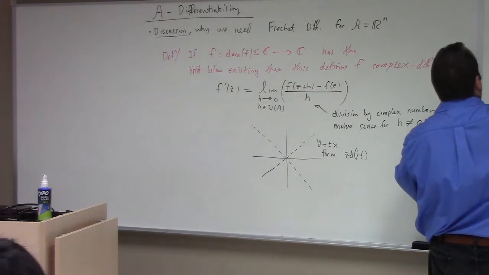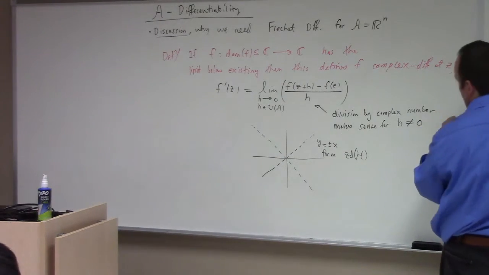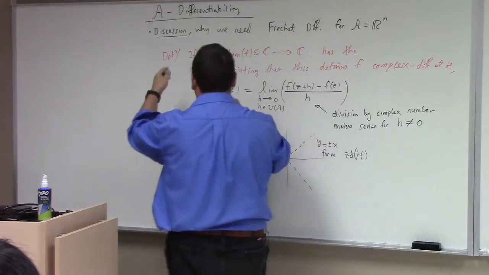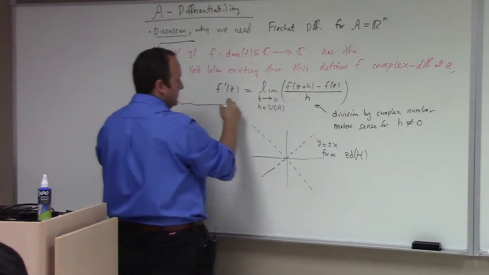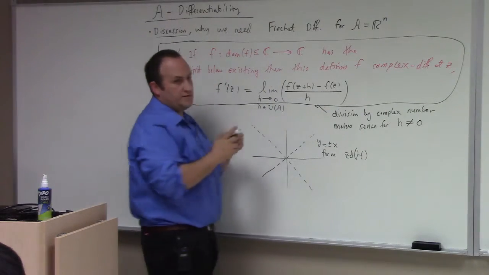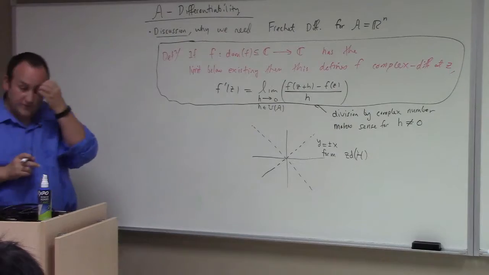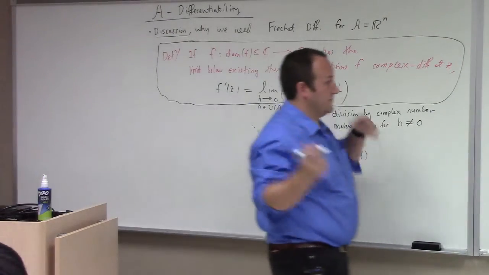And this definition will, of course, reduce to the standard one that I just wrote over here, the standard definition of complex differentiation, in the case that the algebra is equal to the complex numbers. And it will give us a concept of differentiation which is more general for the other algebras we've thought about.